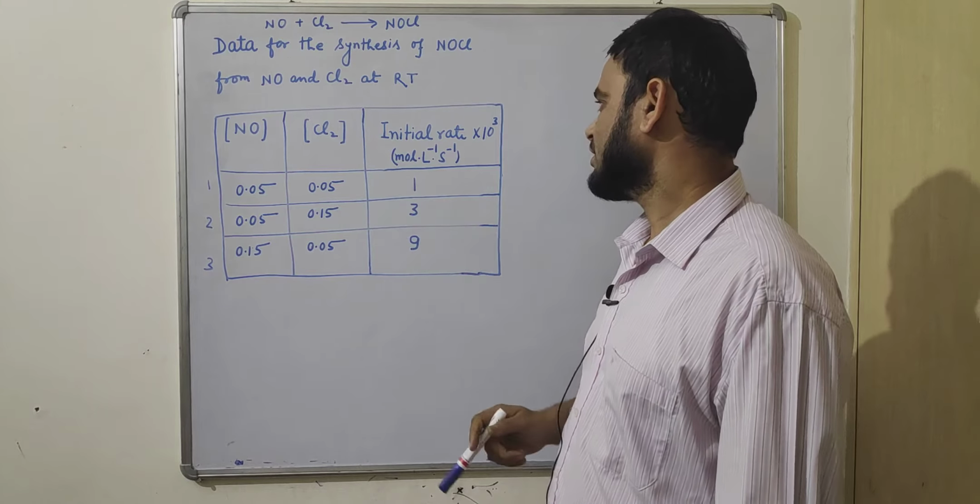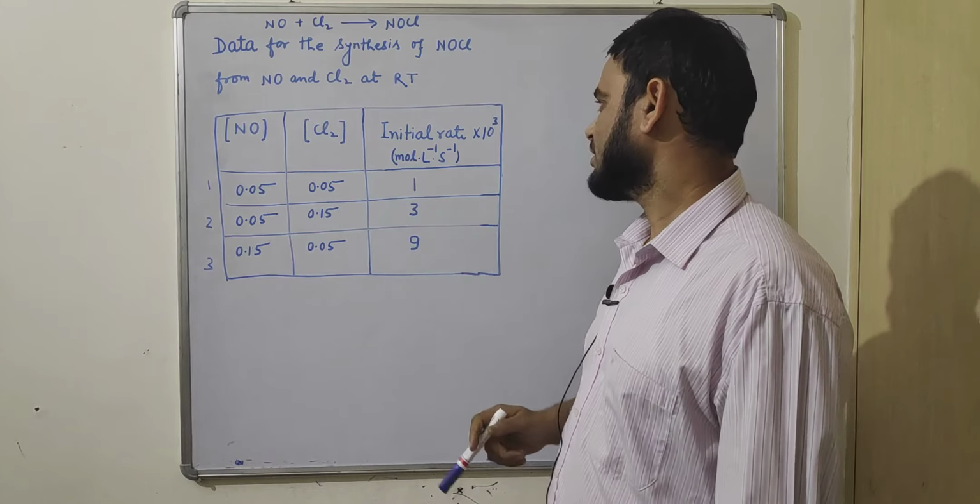The value of C2 is 0.15 divided by 0.05, raised to power A, is equal to R2 upon R1, which is 9 upon 1. So this becomes 3 raised to power A is equal to 3 raised to power 2. So the value of A will become 2.